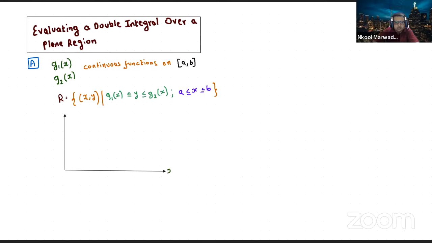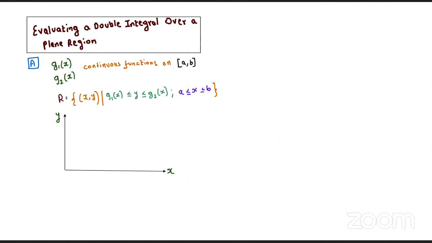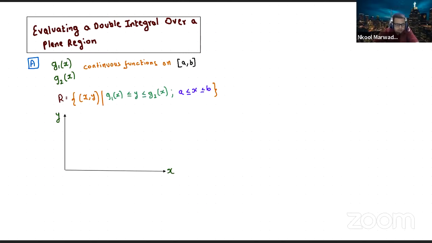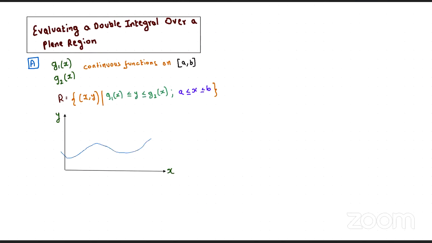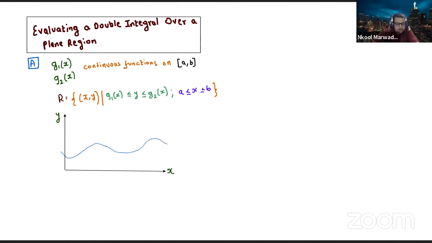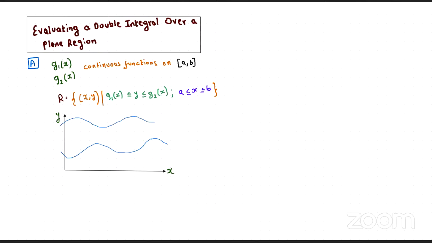This is y. Now I have two functions. Let me draw those two functions. Sir, are A and B the limits of the function? Yes, A and B are the interval on x. I have a function g1(x), which can be any function; it has to be continuous. And I have another function, g2(x). It can be anything, it has to be continuous.